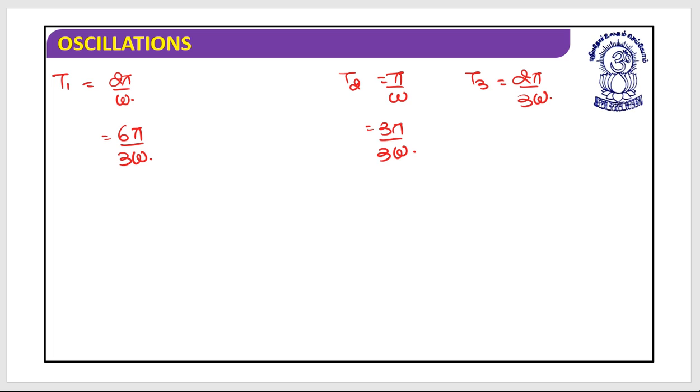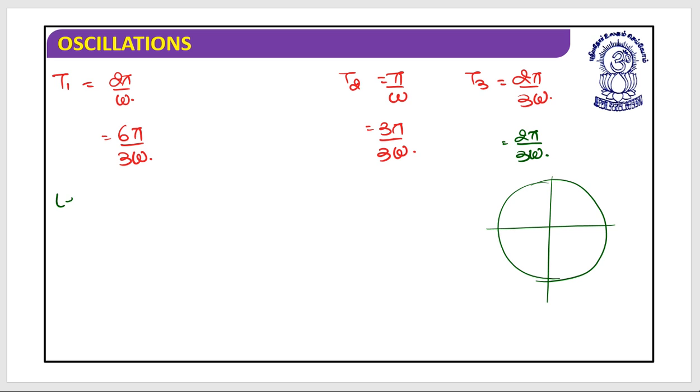How will we do this? So again what we understand is that this is the circle, and this is equal to 2 pi by 3 omega. So what you can do is, let us assume pi by 3 omega is equal to 10 seconds.